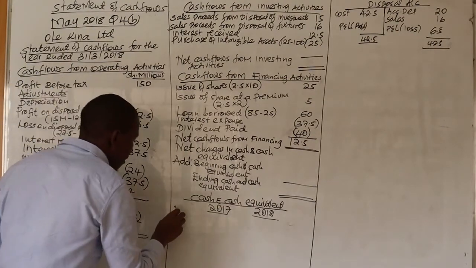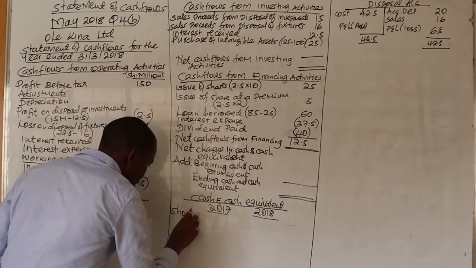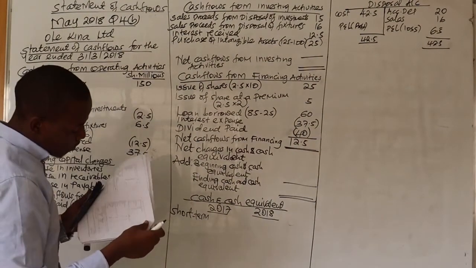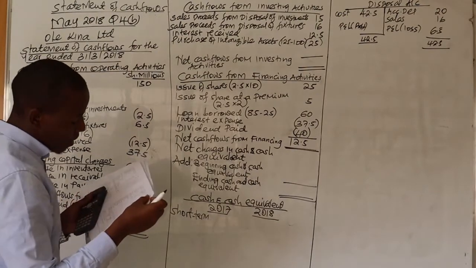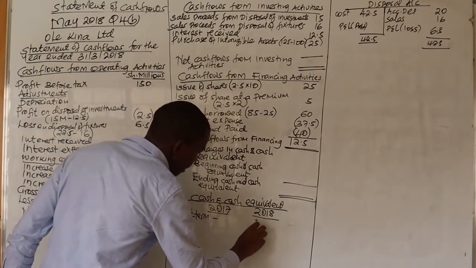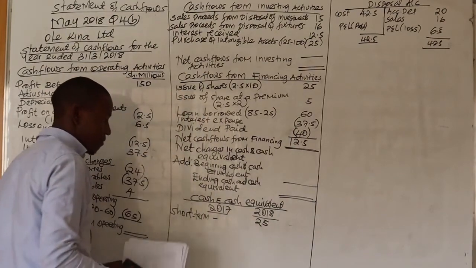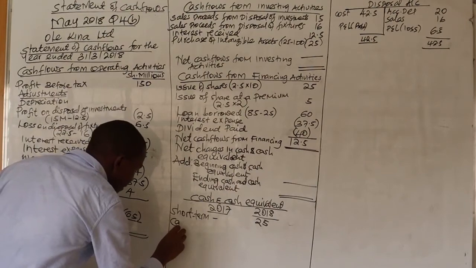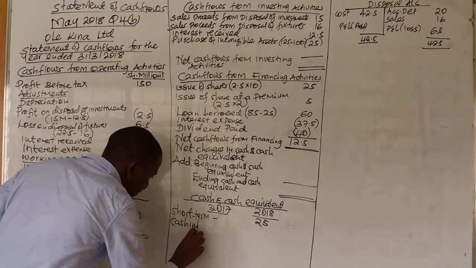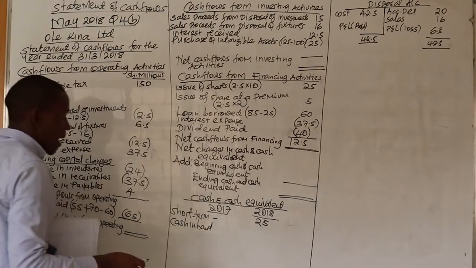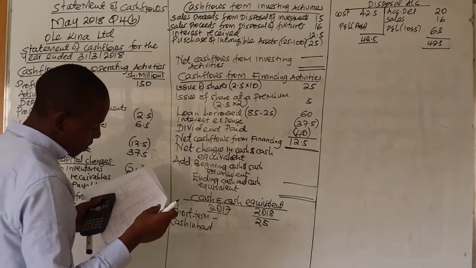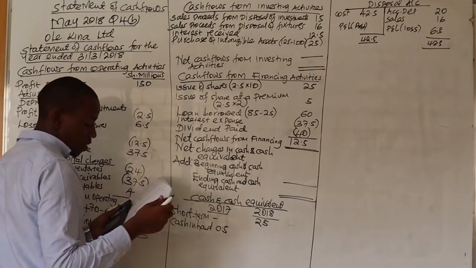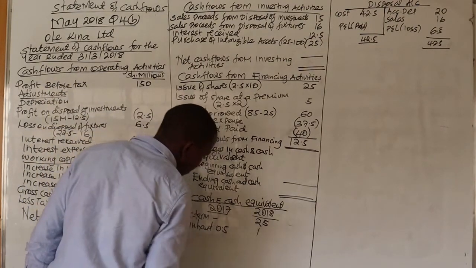On the current assets, we have the short-term investment. For the year 2017, there was nothing, and 2018 is 25. Now we also have the cash in hand. For the cash in hand, 2017 was 0.5, and 2018 was shillings 1 million.